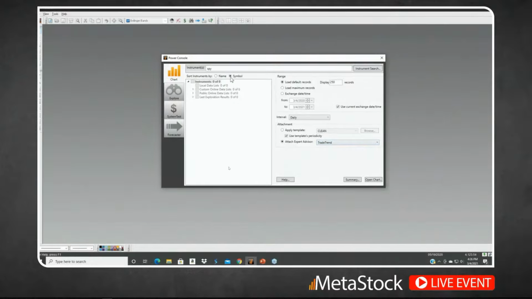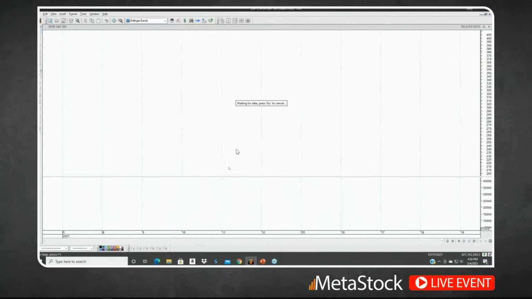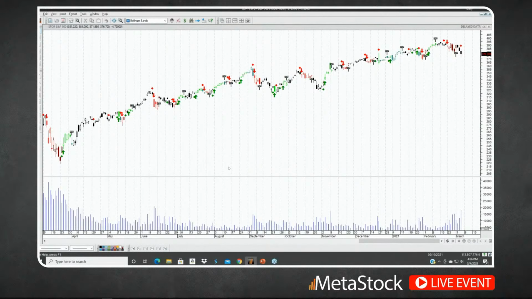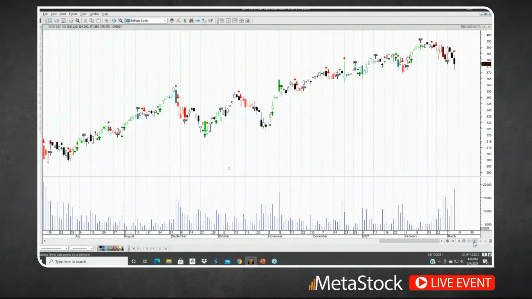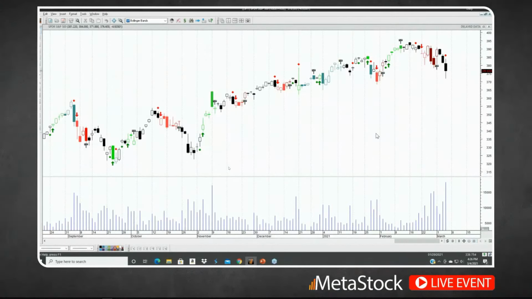So I'm going to go ahead and open up a chart of the SPY with the trade trend indicator added onto it. And I'll sort of demonstrate here briefly how the trade trend indicator works, as I mentioned earlier, and how we can use the different tools that are available to us to take these signals.